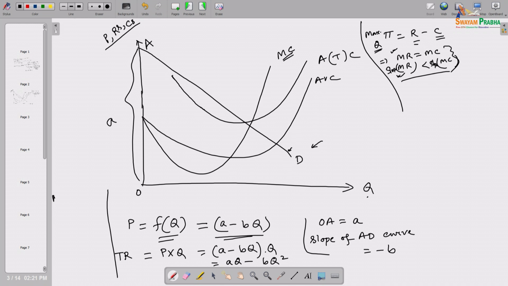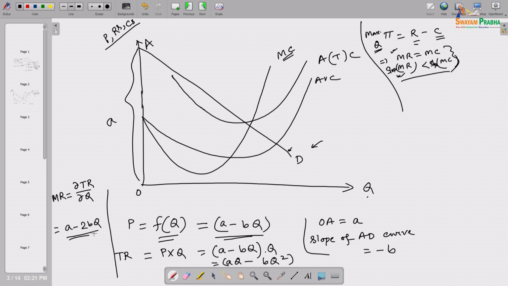What will be marginal revenue? By definition, marginal revenue is del total revenue by del Q, that is, how much your total revenue changes due to a change in quantity. Taking the derivative of this total revenue with respect to quantity, you will get A minus 2BQ.